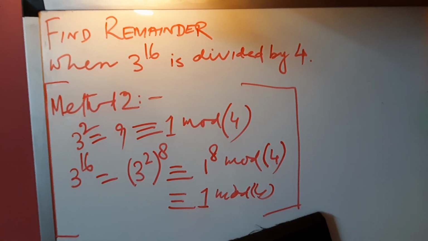You can do it with either method, no problem. If you want to prove it more mathematically, you can go for method 2, and if you want to do it analytically, you can go for method 1.